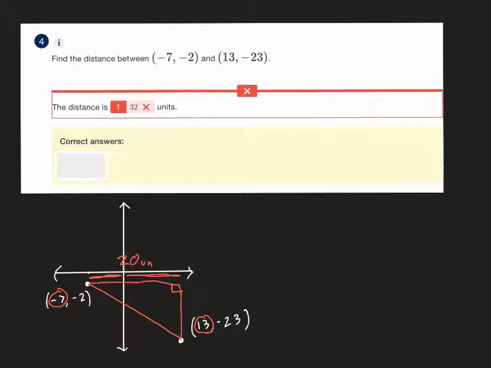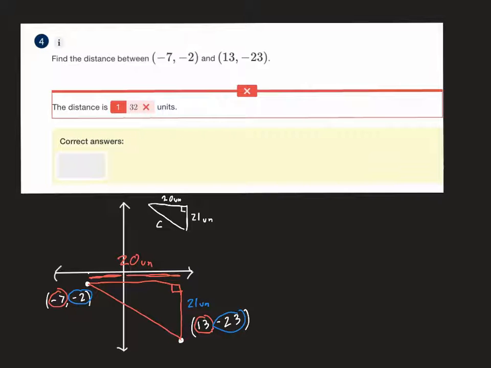And then when I go up or down, I'm going from -2 to -23. -2 to -23 would be a change of 21 units. So I'm going to redraw that triangle up here. I got 21 units, 20 units. Sorry, it's not to scale. And this is going to be my hypotenuse, which is C.